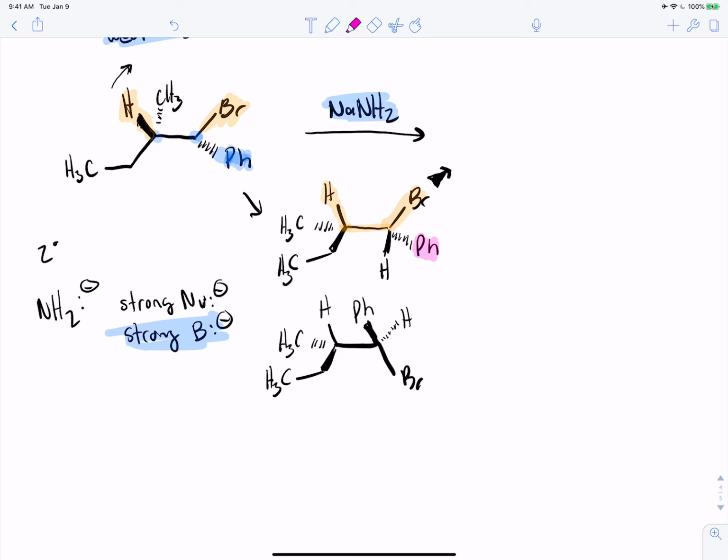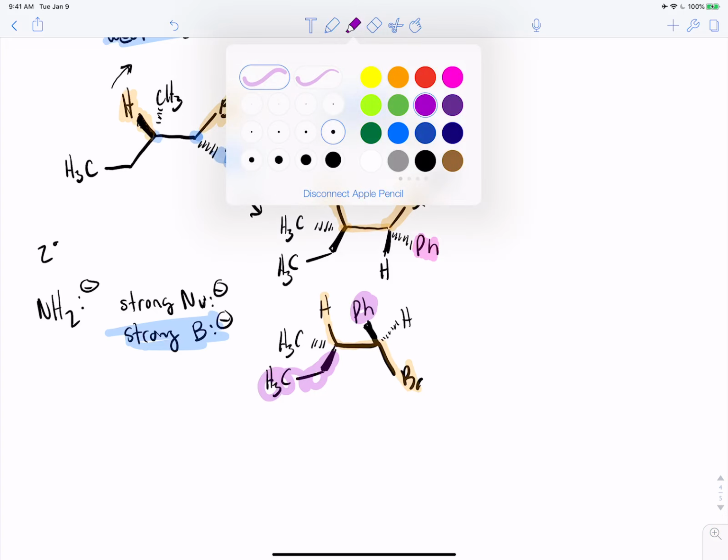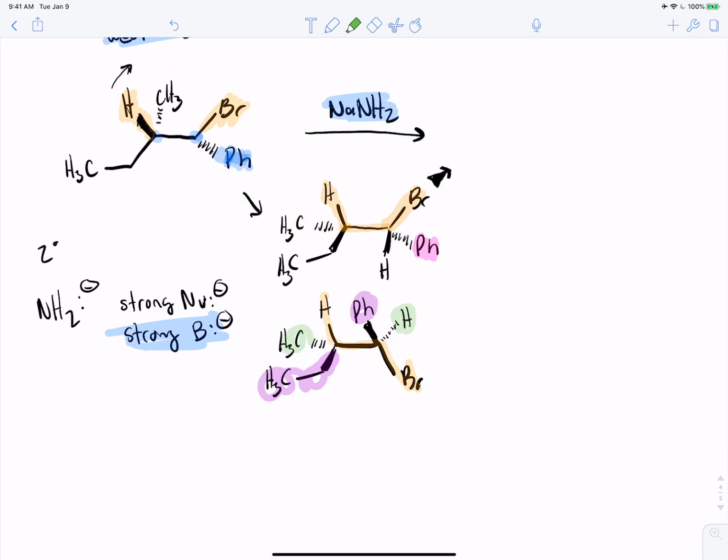All right, but now I've got these things anti-periplanar to one another. And that allows me to say, well, that's on the front bond, that's on the front bond, this is on the back bond, this is on the back bond.